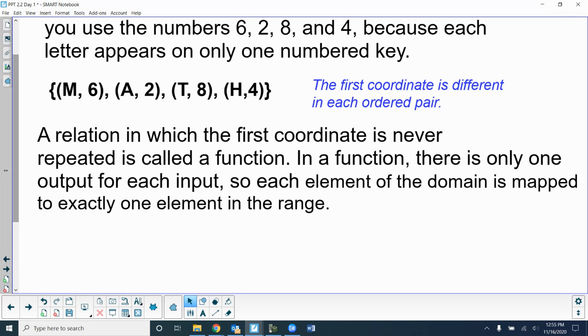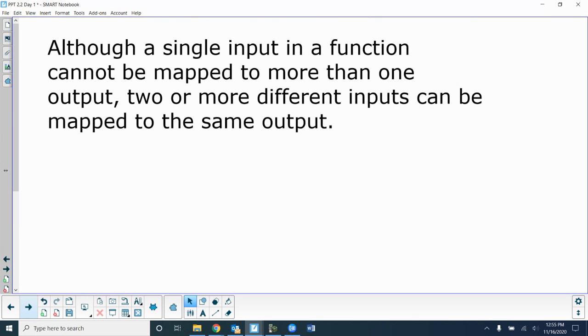A function is a special type of relation. Every x has one and only one y. Although a single x value in a function cannot be mapped to more than one y value output, 2 or more different inputs, you know, I could have 1, 2, 3, can be mapped to the same output.